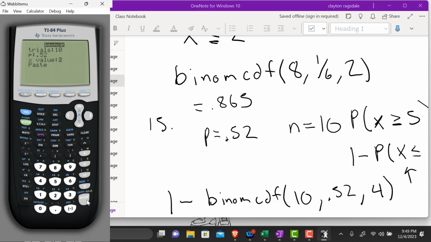Because we're looking for the complement. Eventually we're going to do 1 minus. And this gets us a value of 0.3288, etc. But we're not interested in that, right? We want 1 minus this value. And that will get me the number that I'm really interested in, right? So in this case, 0.671. And it does not say how many decimals, so we're just going to go with 0.671.